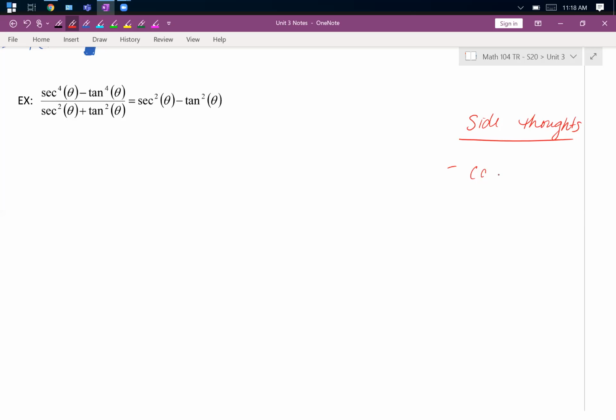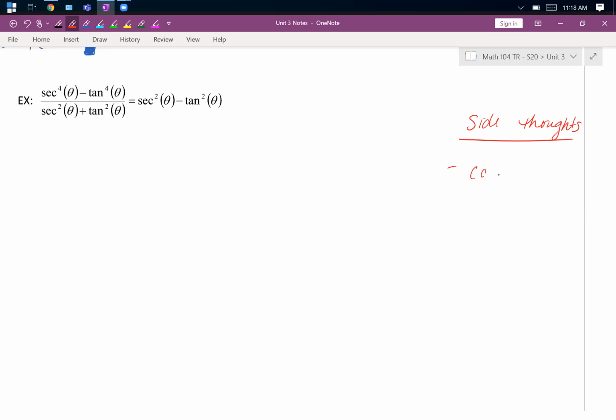We're starting with one side of the equation and showing that it's equivalent to the other side. So we can't multiply by the reciprocal unless we're doing that to both sides. And when verifying identities, we don't work both sides. So good idea, but not applicable here.